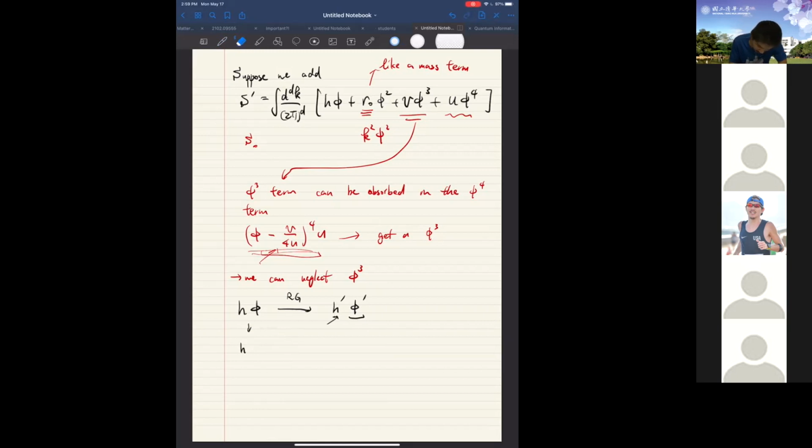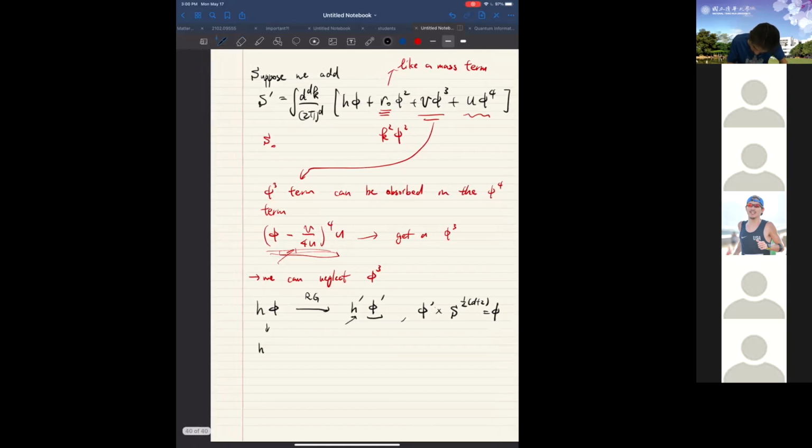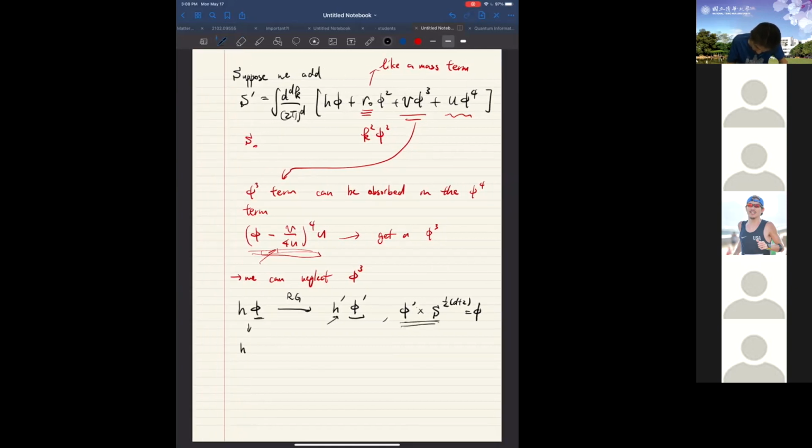As we know, the phi field is changed with a prefactor, right? So if you look at the previous page, we know the old field times s to the power (d+2)/2 equals the original one, right? So I want to replace the original one by the new one after doing the RG, right?